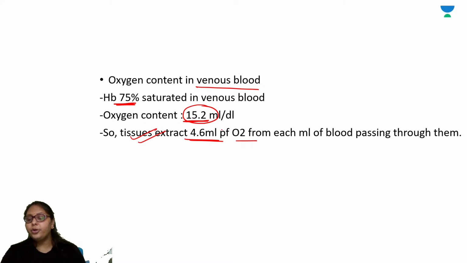These are all the important questions which are asked. Remember, hemoglobin at the venous level is 75% saturated, and that means at the tissue level 4.6 ml of oxygen is extracted.